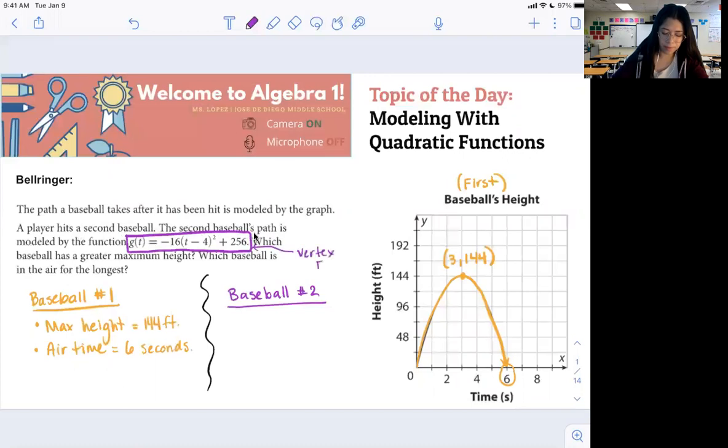The vertex. Yeah, where is the vertex of baseball number 2? Positive 4, 256. And what does that tell me about this baseball?